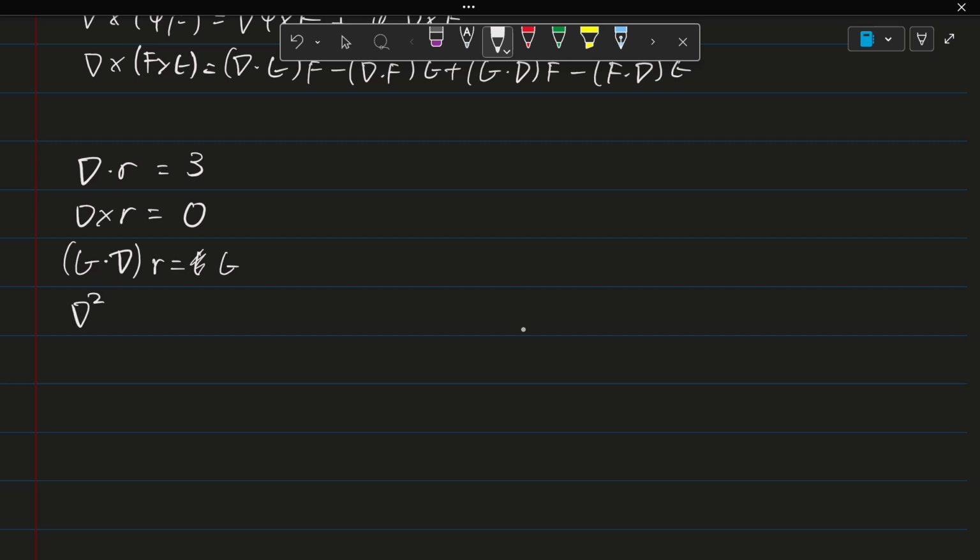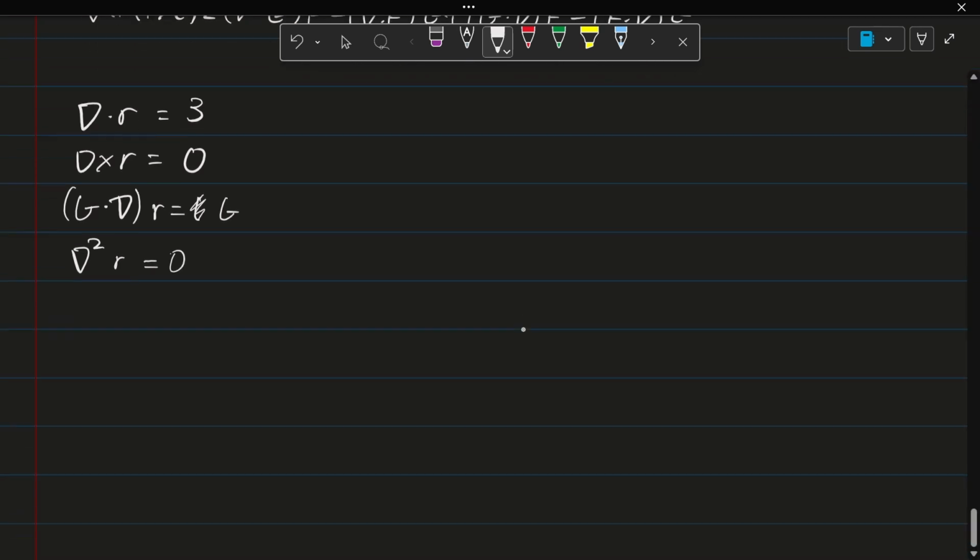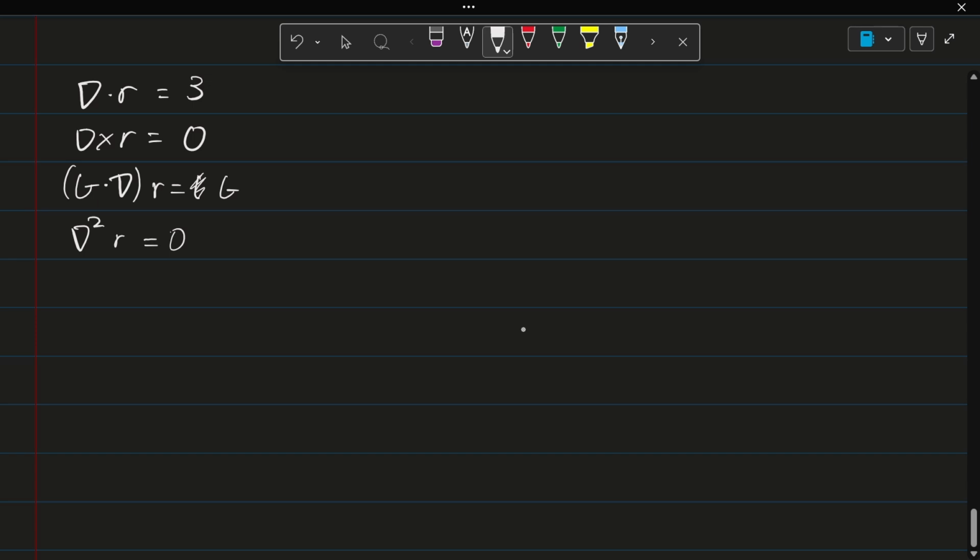And lastly, you could just figure out the Laplacian by doing the divergence of such a value, and it will equal 0 anyway. Another thing that is pretty important is if you have a function that only depends on r.